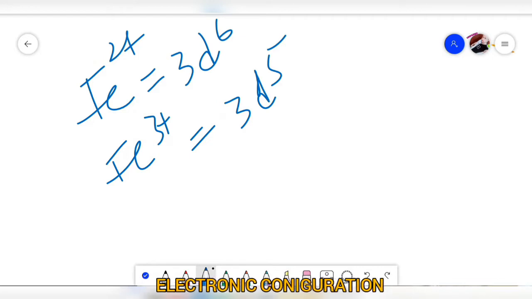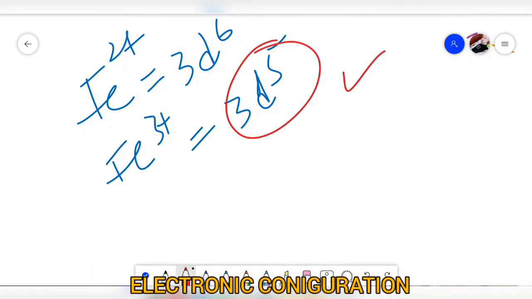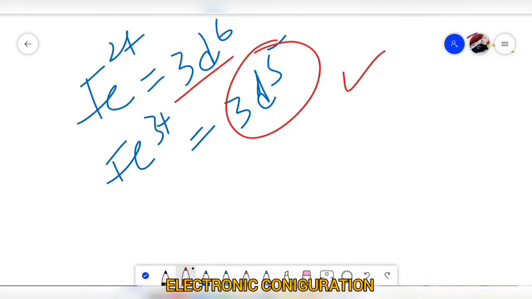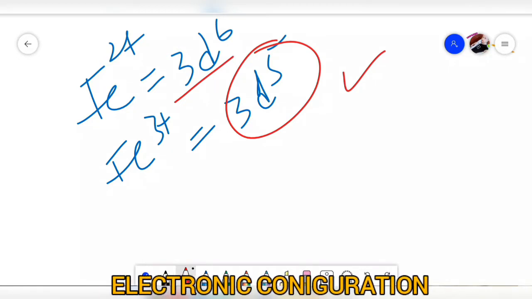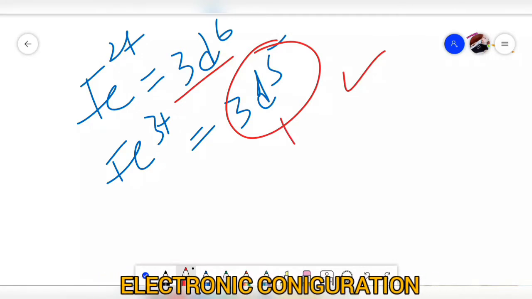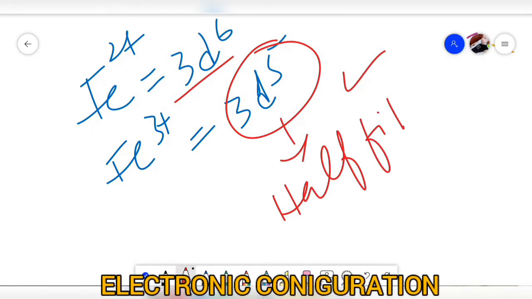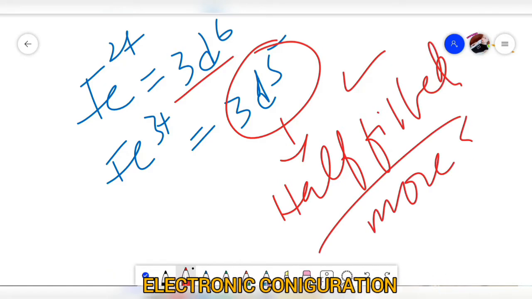Which one is more stable? Sir, Fe3 plus. Fe3 plus is more stable as compared to Fe2 plus, and what's the reason for it? Sir, a half-filled orbital. This is half-filled orbital, which is more stable.